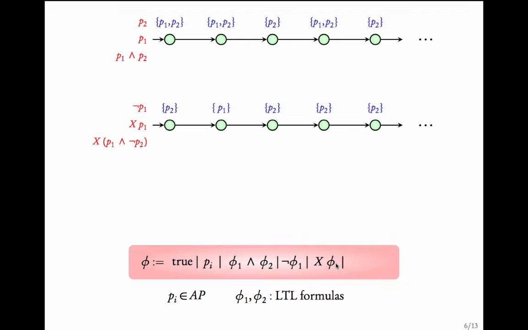You can keep using X multiple times. Since X phi is again an LTL formula, you can say X of X phi. For instance, here X X p2 is true because you go next once and next one more time, and p2 is true. X of NOT p1 is also true because p1 is not true here.